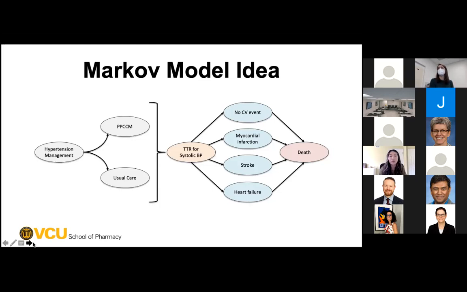So conducting a Markov model over a patient's lifetime could potentially fully capture the value of pharmacist services. And although the manuscript for this research project has already been accepted by JMCP, hopefully I will publish a commentary on this Markov model, and then the cost effectiveness analysis and the Markov model in combination is my master's thesis that I'm defending in April.